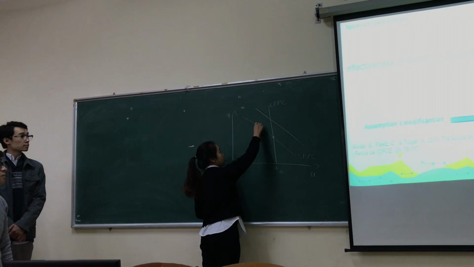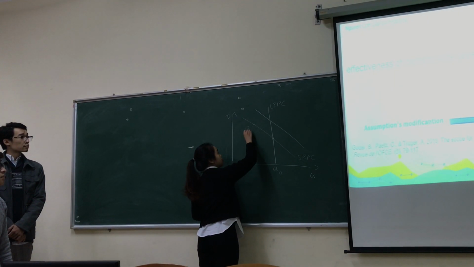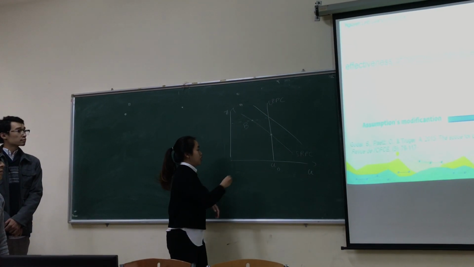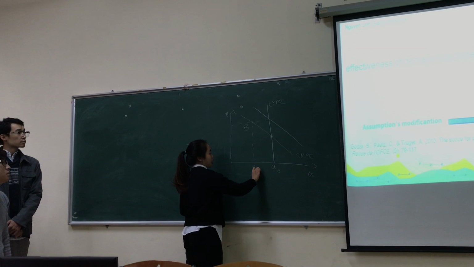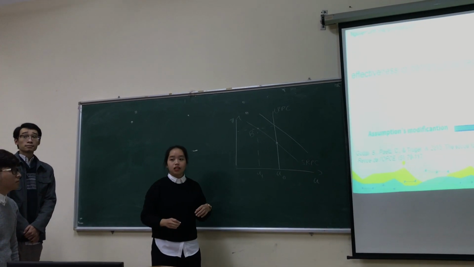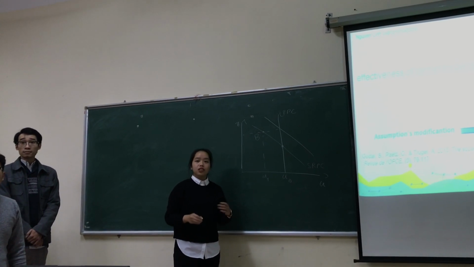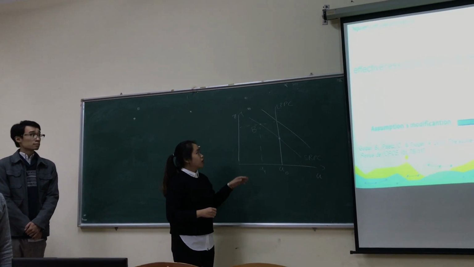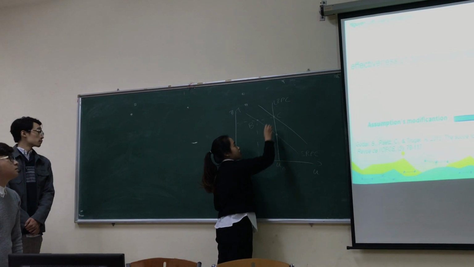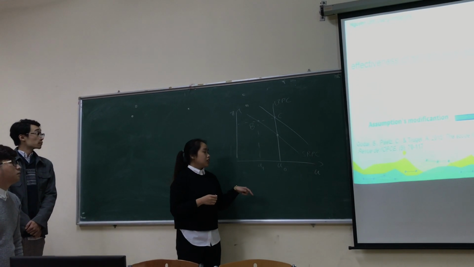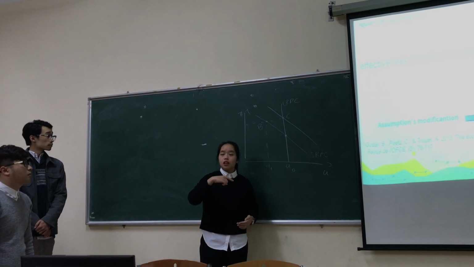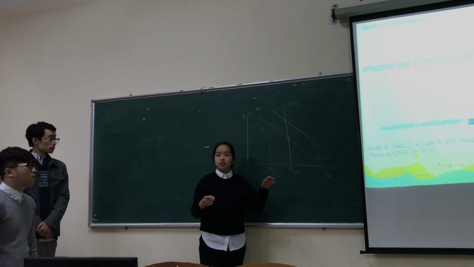The economy will turn to that point, and we call it V. At that time when the unemployment is lower, like U1, but the inflation is higher, the economy will naturally return to that point of the long run Phillips curve that we stop at C. At that point, the unemployment turns back to the start point, but the inflation will be higher.